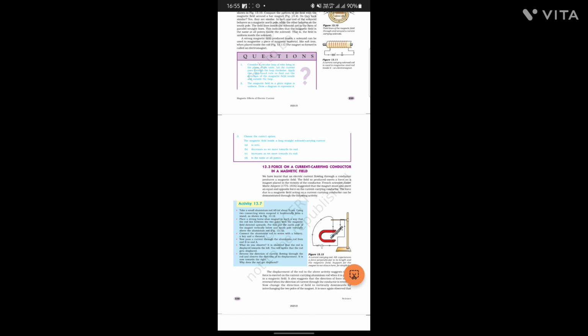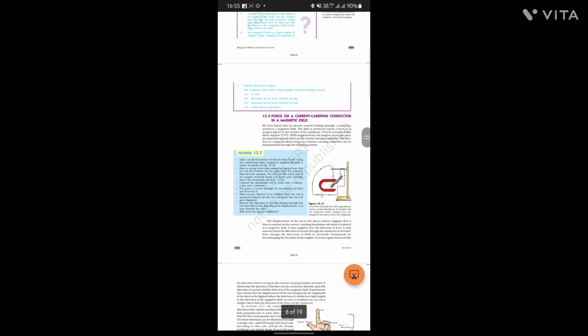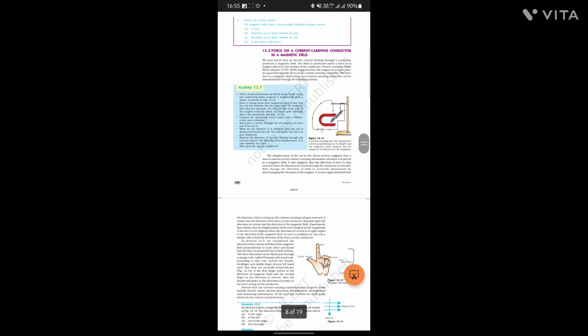Next, force on a current carrying conductor in a magnetic field. In this part, the important thing you must remember is when the force is maximum. The force becomes maximum when the magnetic field and the current carrying conductor are perpendicular to each other. Remember that point.